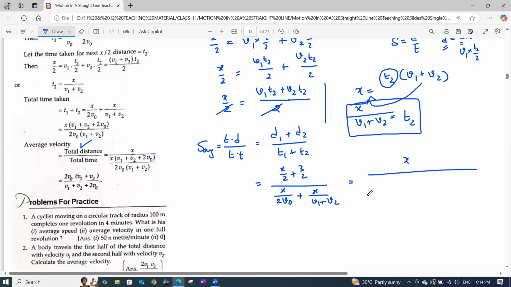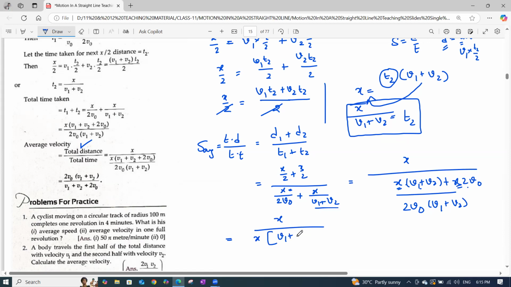In the denominator, the LCM is 2 v naught multiplied with v1 plus v2, so it becomes x into v1 plus v2 plus x into 2 v naught. Taking x common, it becomes x upon v1 plus v2 plus 2 v naught, over the denominator 2 v naught times v1 plus v2.